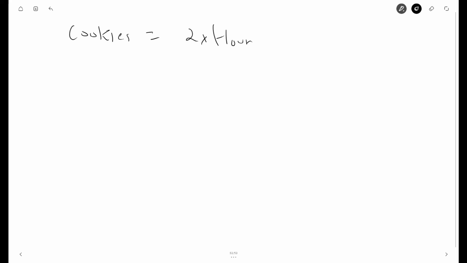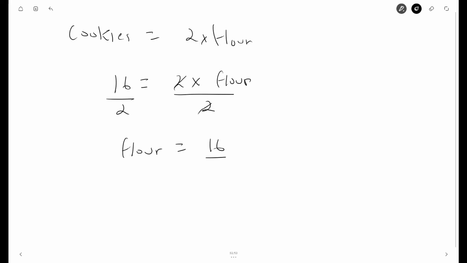We can say 16 cookies equals 2 times flour. We divide by 2, this cancels, and we're left with flour equals 16 over 2. And 16 divided by 2 is 8 cups.